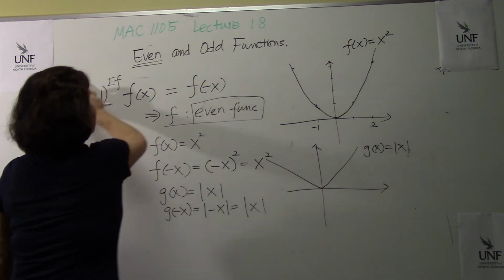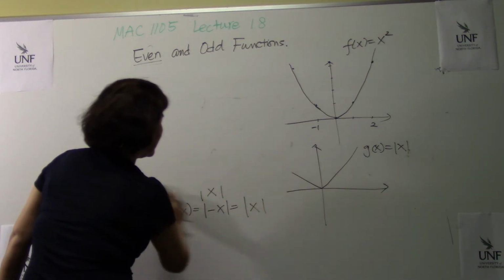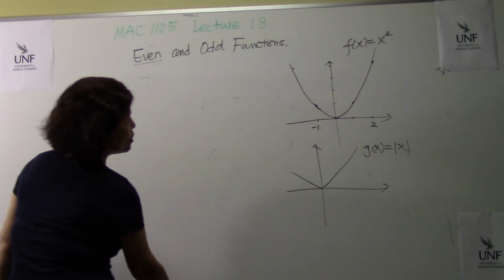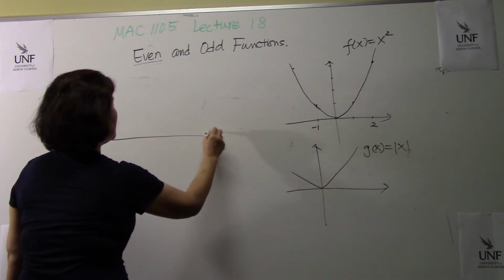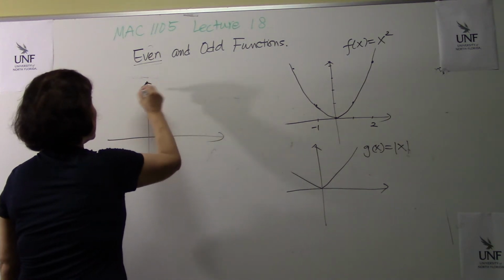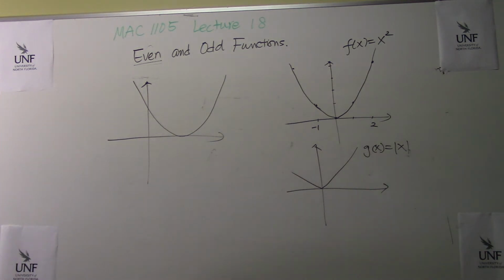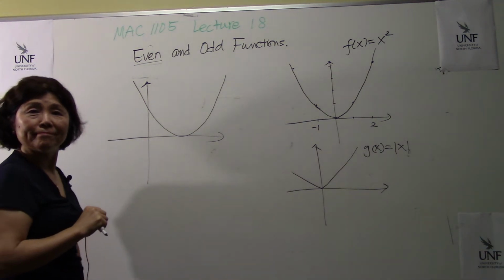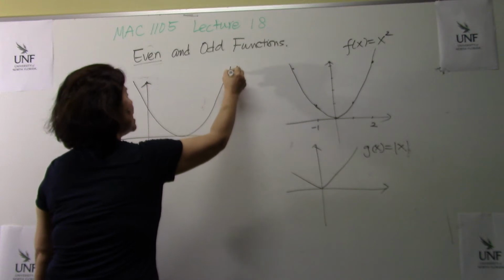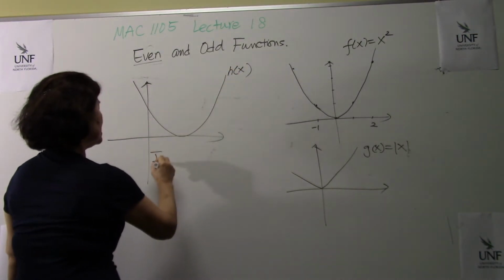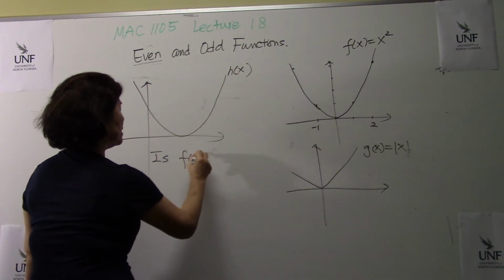Well, let me check if you really understood. Let me give you a graph. The graph looks like this. Is this a graph of an even function? Let's call this one h of x. Is this function h of x even?